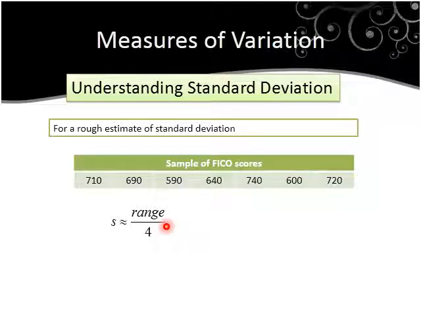If it's off from this estimation, I wouldn't necessarily say it's incorrect, but it would warrant going back and double checking your calculation. So in this case, the range is 740 minus my low score, it's 590 divided by 4, gives me about 37.5.